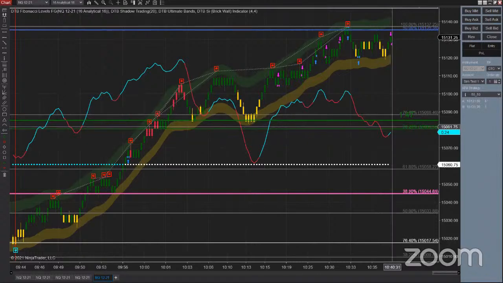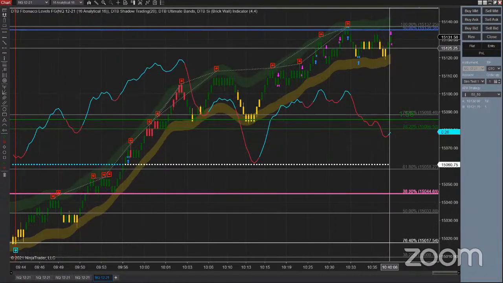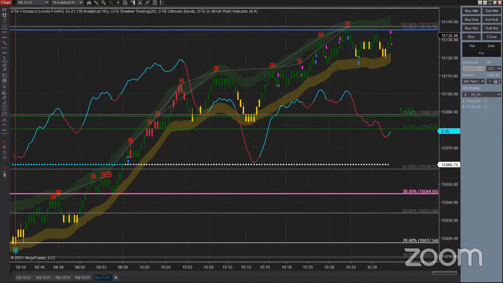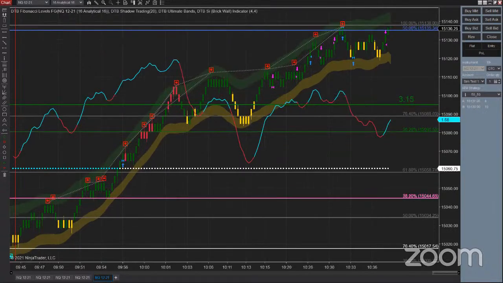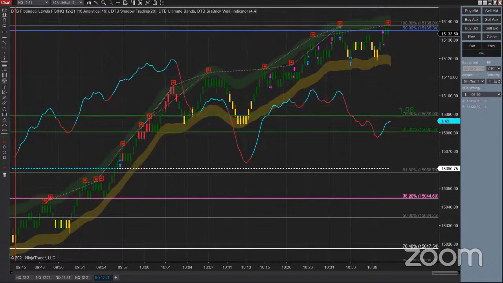Now, that's not to say that some institution or bank might say, we're going to push this price up no matter what the hell happens, which is obviously the black swan that comes in at any stage. But the probability is that these levels are generally respected, and unless the price significantly breaks above them, this price is going to come down.